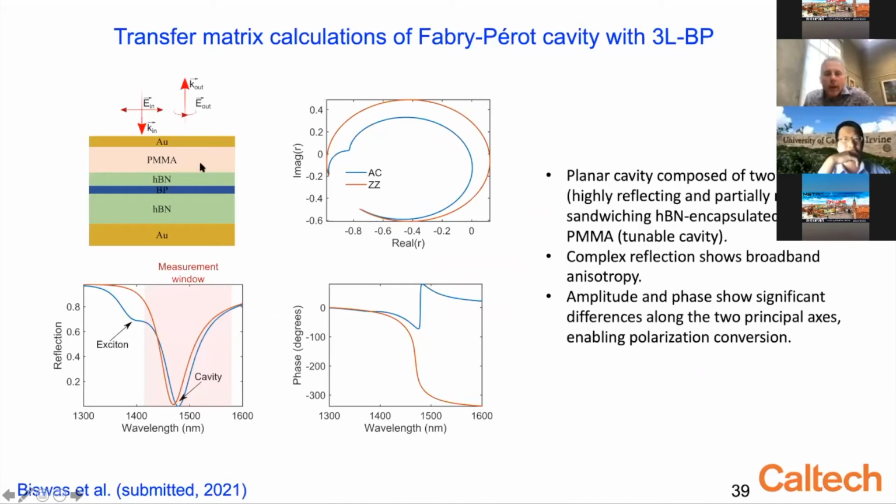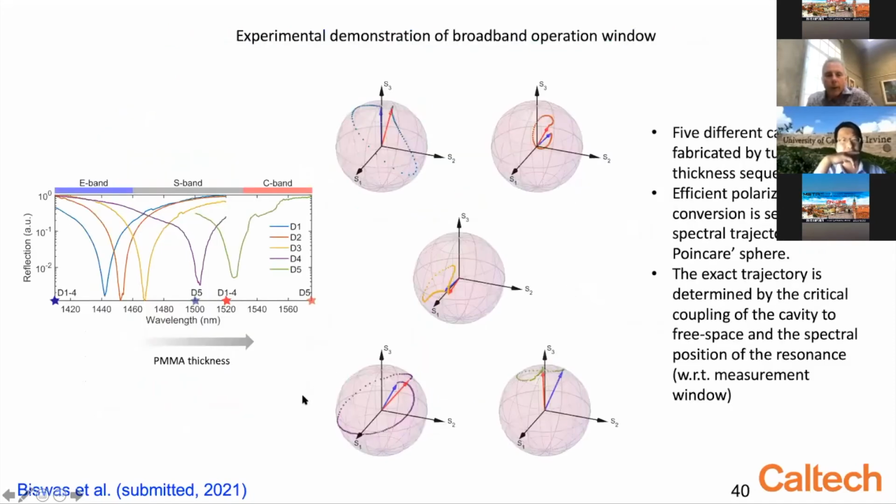And by designing your heterostructure appropriately, this is a little Fabry-Perot cavity, you can now create complex permittivity trajectories along the armchair and zigzag direction in the complex permittivity plane, which allow us to modulate phase and amplitude along the two directions differently.